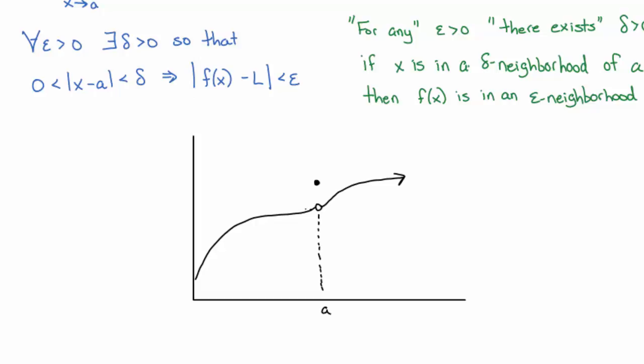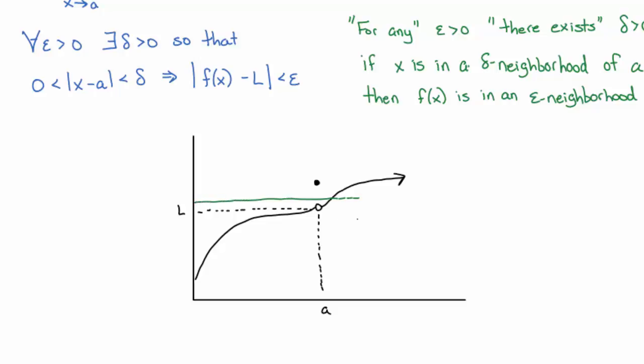Okay. And let's pretend as though the value that it could have been as x was getting close to a is L. So what the precise definition of a limit is saying is that somebody comes up to you and says, listen, you have an epsilon neighborhood that's centered at L, some neighborhood along the y values that is symmetric and centered at L. So somebody says, for example, I'm giving you this epsilon neighborhood.